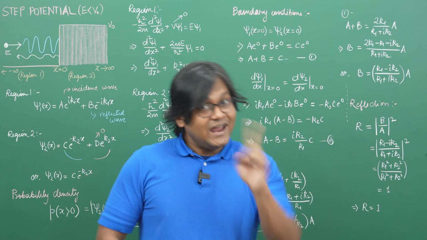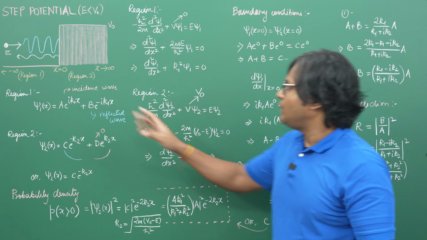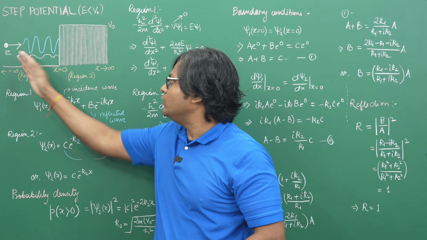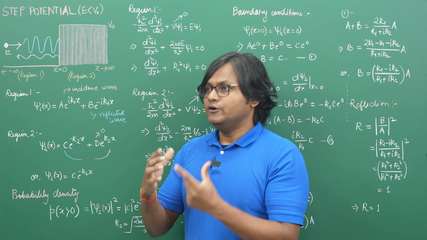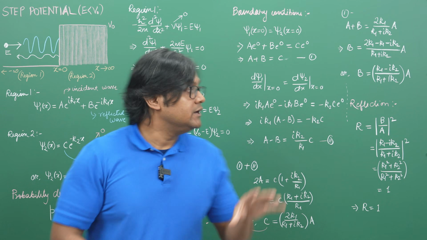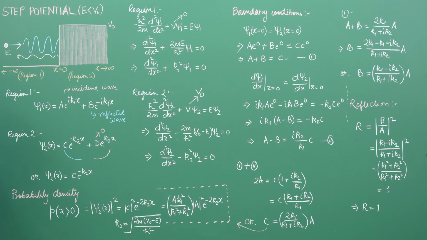Therefore, the reflection coefficient is equal to 1, just like in classical physics. However, unlike classical physics, in quantum mechanics a particle does have a probability of being found inside a barrier, even though it doesn't have sufficient energy to penetrate that barrier.